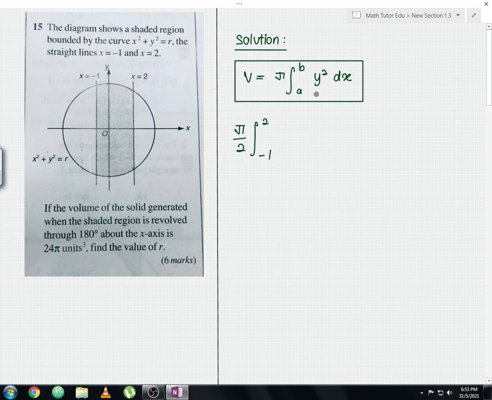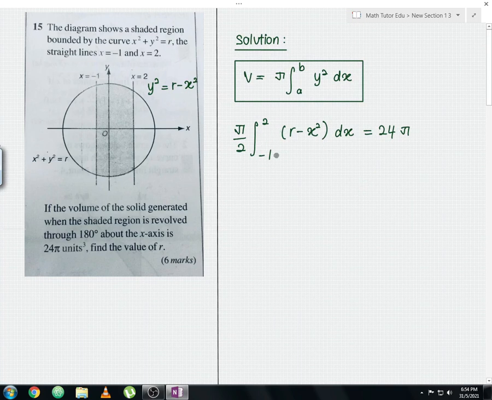So to get the expression of y square, you can obtain it from here guys. y square equals to r minus x square, through the algebra formula. So I hope you understand the concept behind this. So from here, y square you can express in terms of x, where it is equals to (r minus x square) close bracket with respect to dx, where you should get equals to 24 pi units cube. Okay, so let us continue.